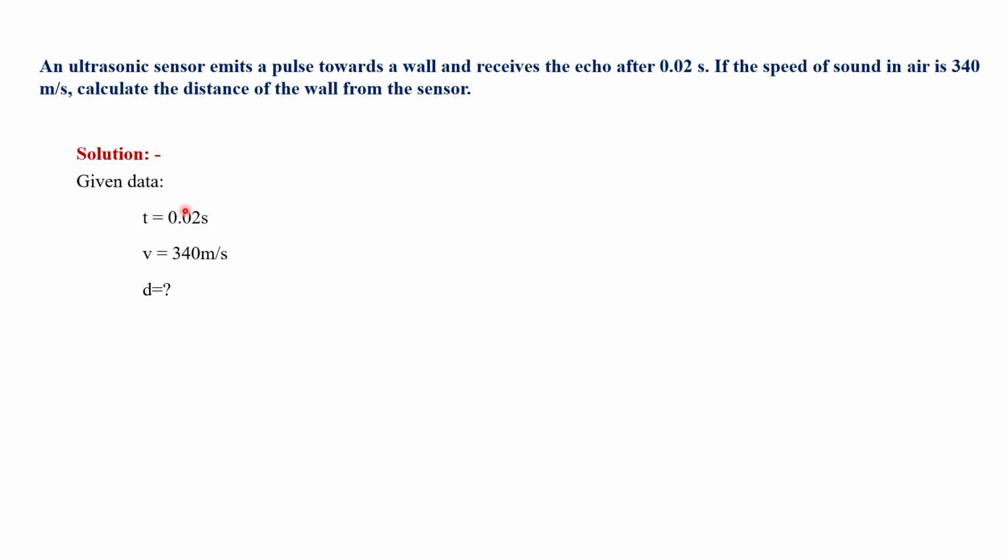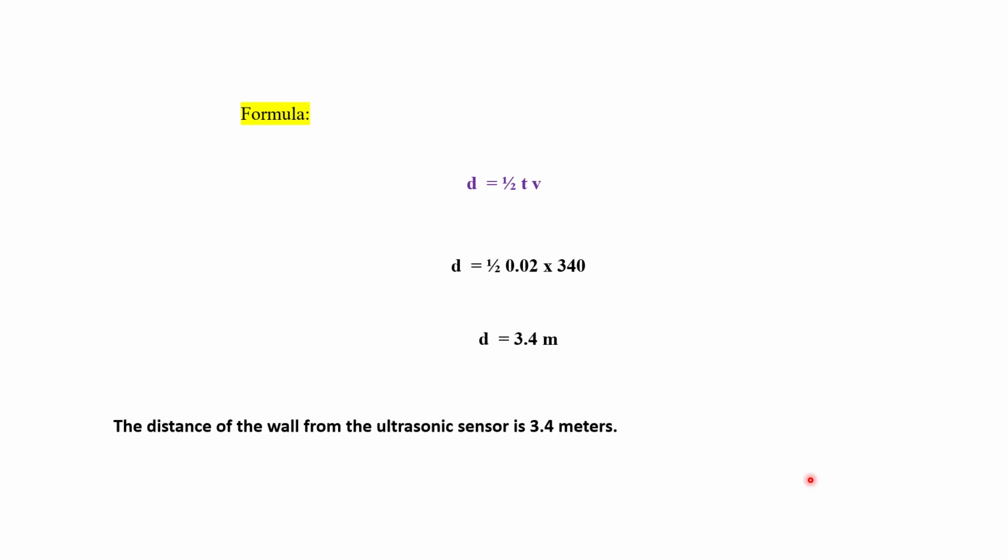You can see the given data: t, the total time, is given, v is also provided, and we are asked to calculate d. The formula is very simple, so you can remember d = half of t into v. Put the values into the formula, do the calculation, you will get the answer. d is equal to 3.4 meter. It means the distance of the wall from the ultrasonic sensor is 3.4 meters.